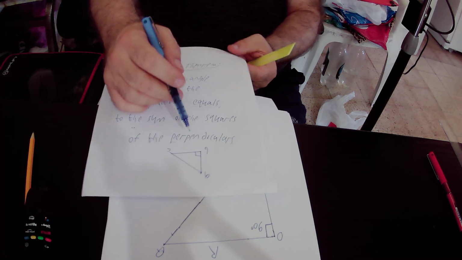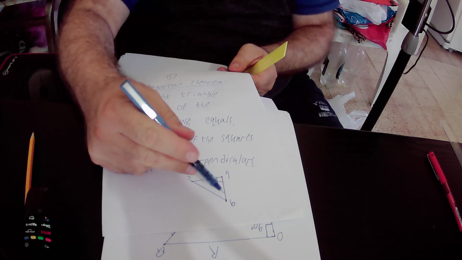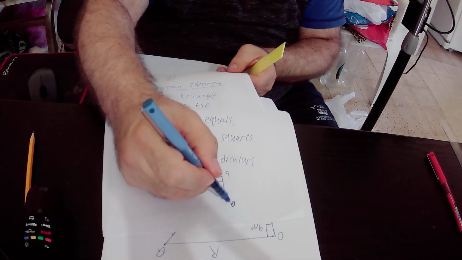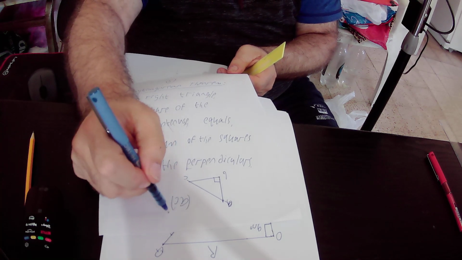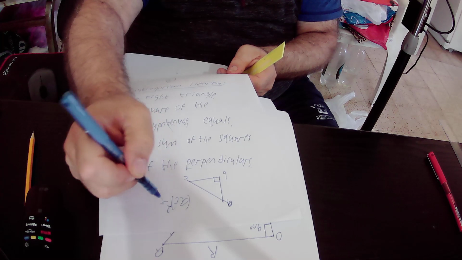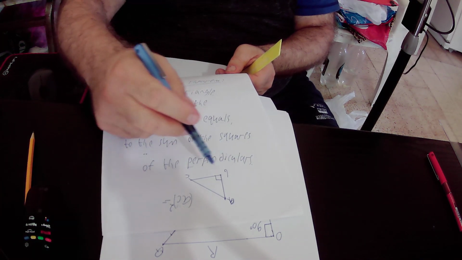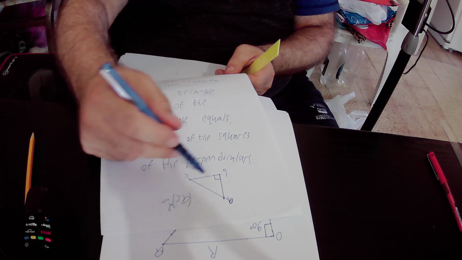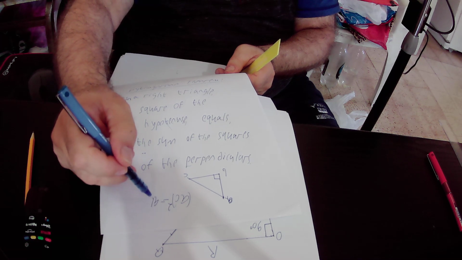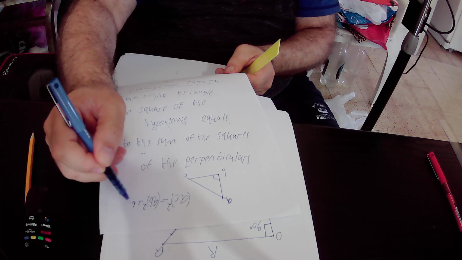So in this right triangle, the square of the hypotenuse, that is to say AC square, equals to the sum of the squares of the perpendiculars. That is to say AC square equals to AB square plus BC square.